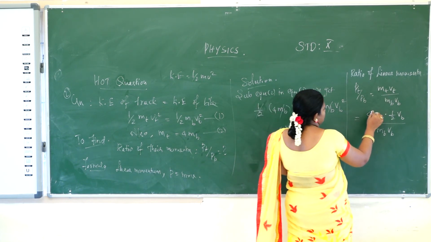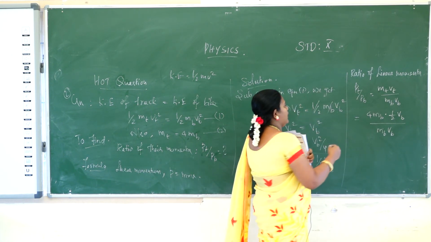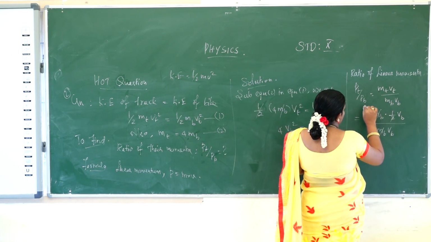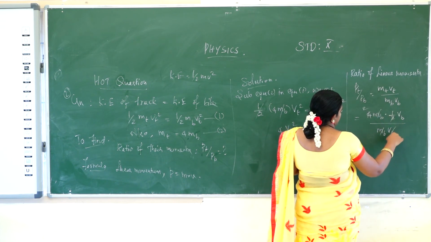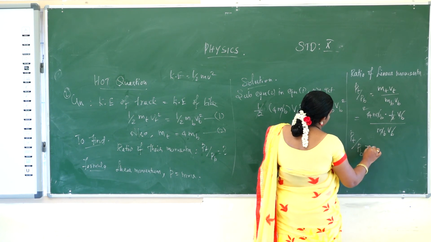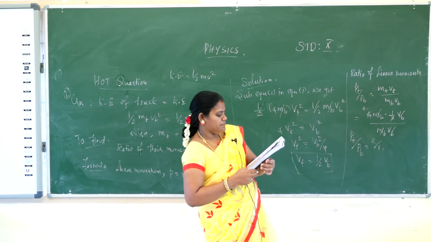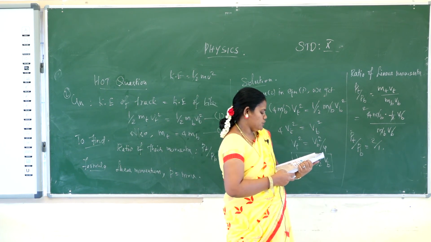Then strike out the common terms in the numerator and denominator. mb cancels, 2 is 2, and vb also cancels. Then Pt by Pb is equal to 2 by 1.